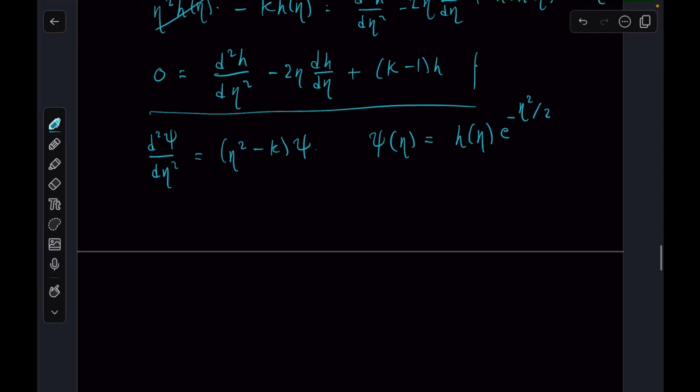The reason we can do this is because we know h is going to be reasonably well behaved, and any well-behaved function can be expanded as a power series. So h of eta is going to be equal to some coefficient a sub 0 plus a sub 1 times eta plus a sub 2 times eta squared, and so on to infinity. So this is an infinite sum.